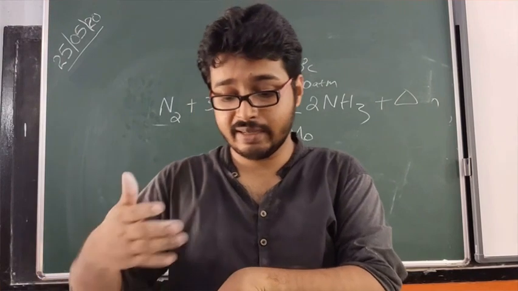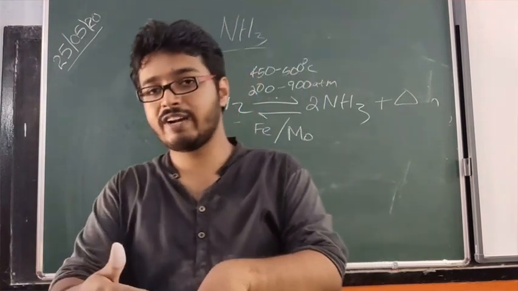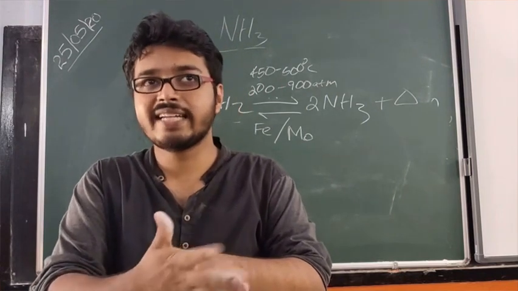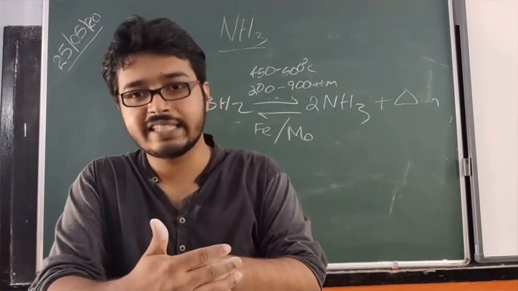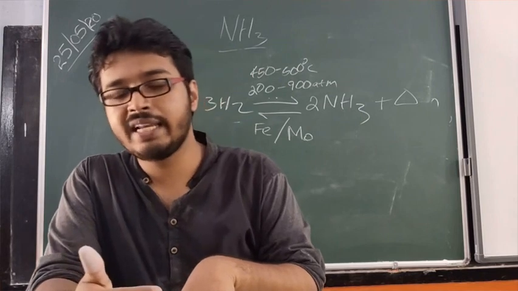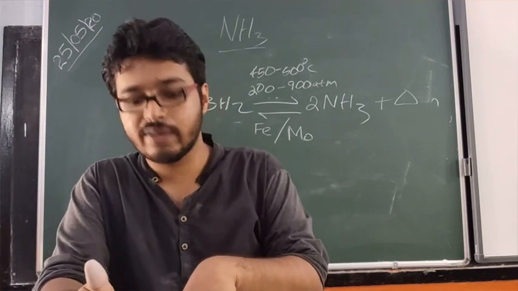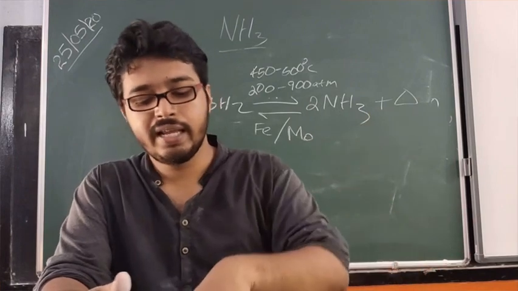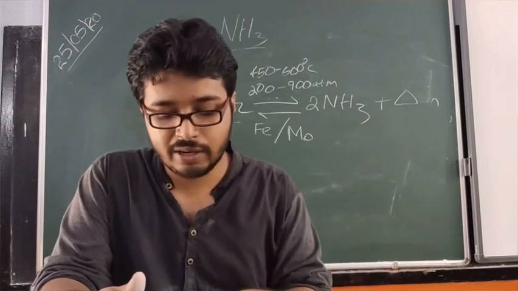Before, I have told it can be liquefied at some 80 degrees Celsius, that is wrong. Nitrogen, I think, is liquefied at minus 80 degrees Celsius. Ammonia can be liquefied at 10 degrees Celsius itself. So nitrogen and hydrogen are not easily liquefiable, but ammonia can be easily liquefied.